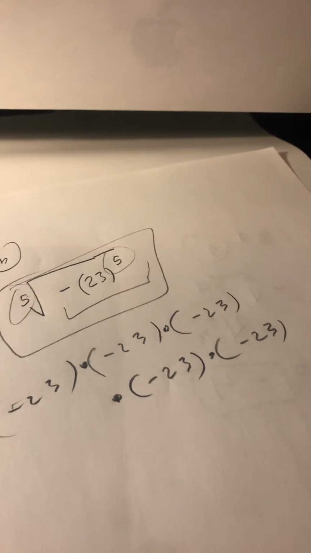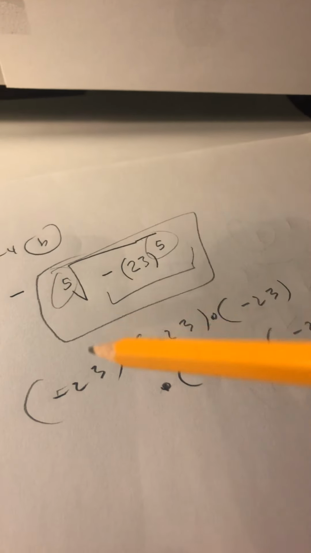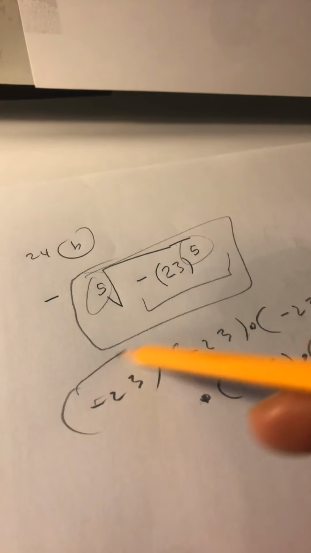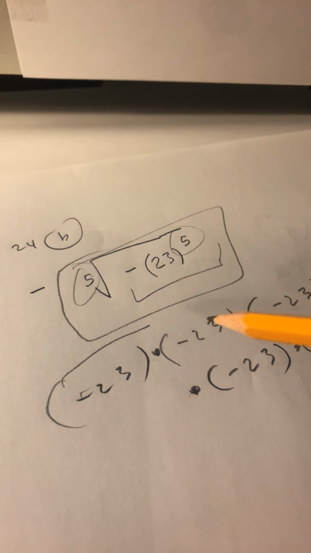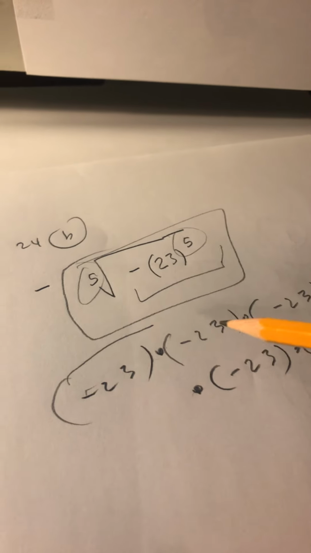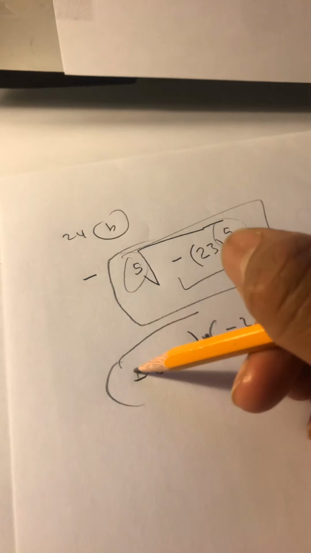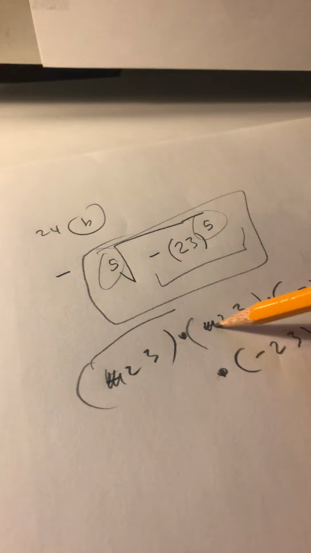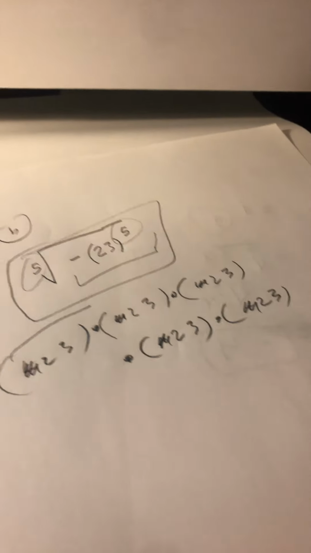How many times did you multiply negative 23? Well, 5 times, and the fifth root is asking you just that. So this is, well, actually, let's take that back. What you're multiplying 5 times is going to be 23. All right, you're going to be multiplying 23 5 times.